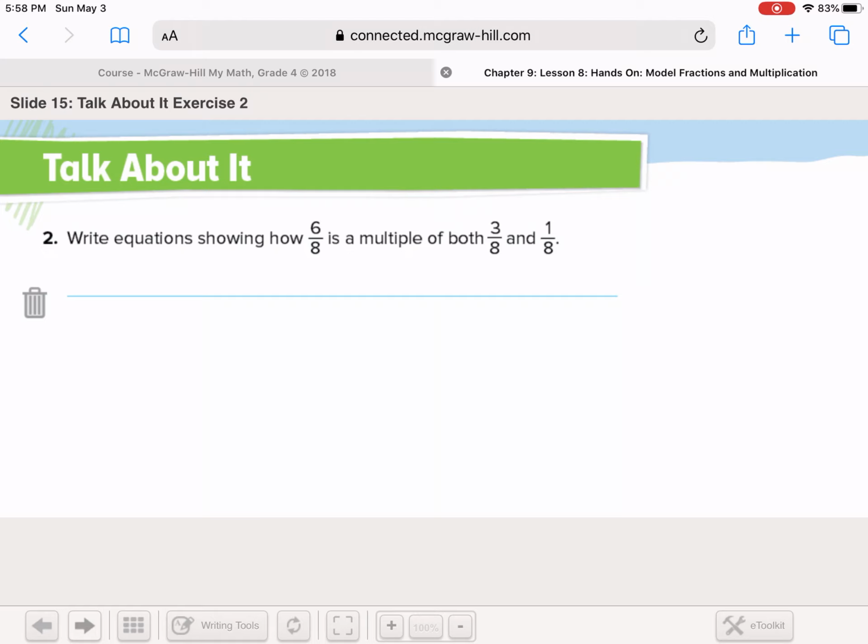Okay. So, where is this in my book? This doesn't make any sense. You know, I get very frustrated with this math book sometimes. I'm going to skip this one.